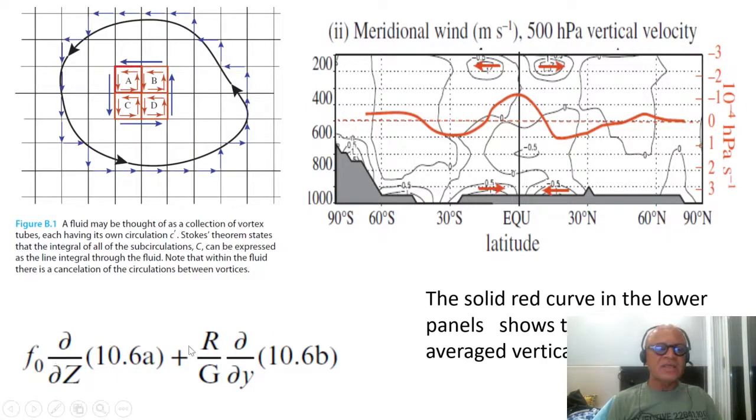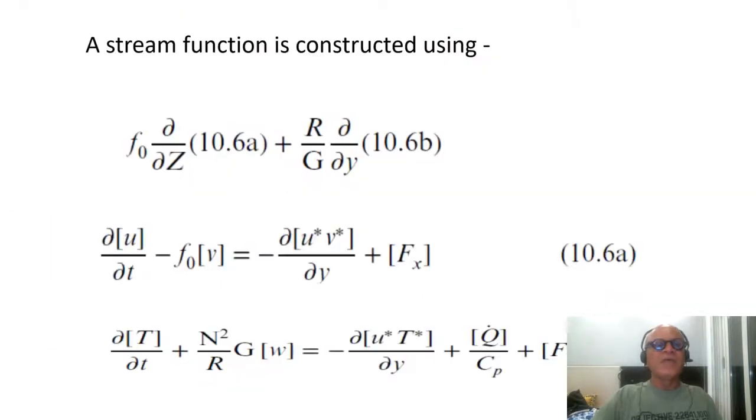So we can combine the previous two equations, the momentum equations, in this way, and get the stream function constructed using this approach. Okay, so what were the equations? 10.6a was the zonal momentum equation written in eddy decomposition around the zonal mean.